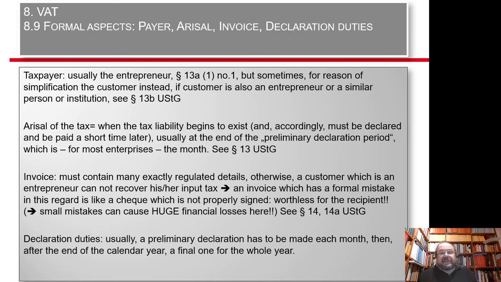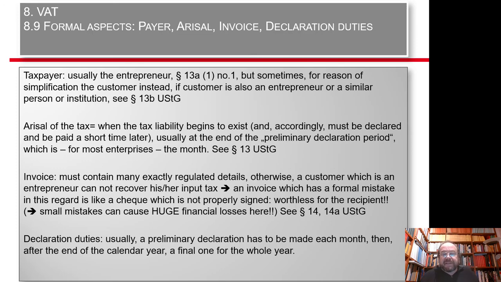The formal aspect, so the stages of events: payer, arisal, invoice, declaration duties. Taxpayer is usually the entrepreneur, in rare cases the customer, see then paragraph 13b.